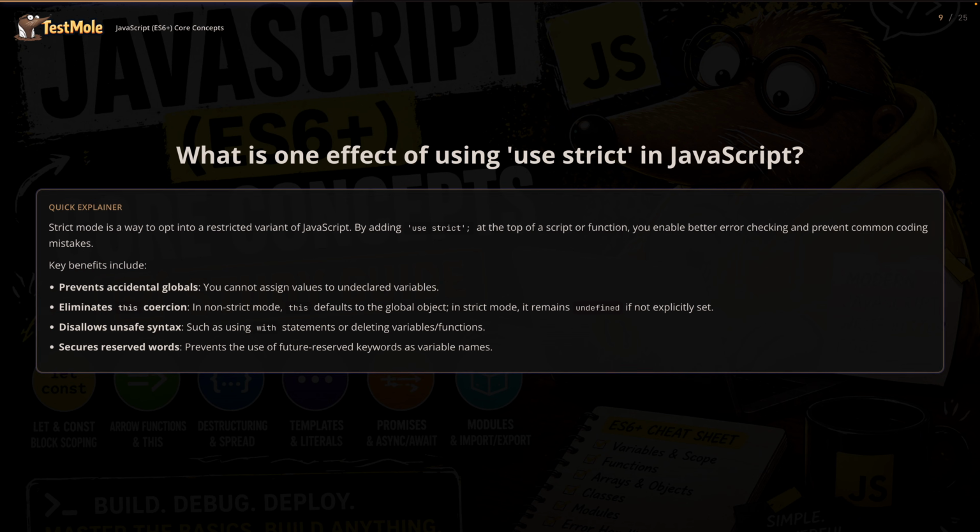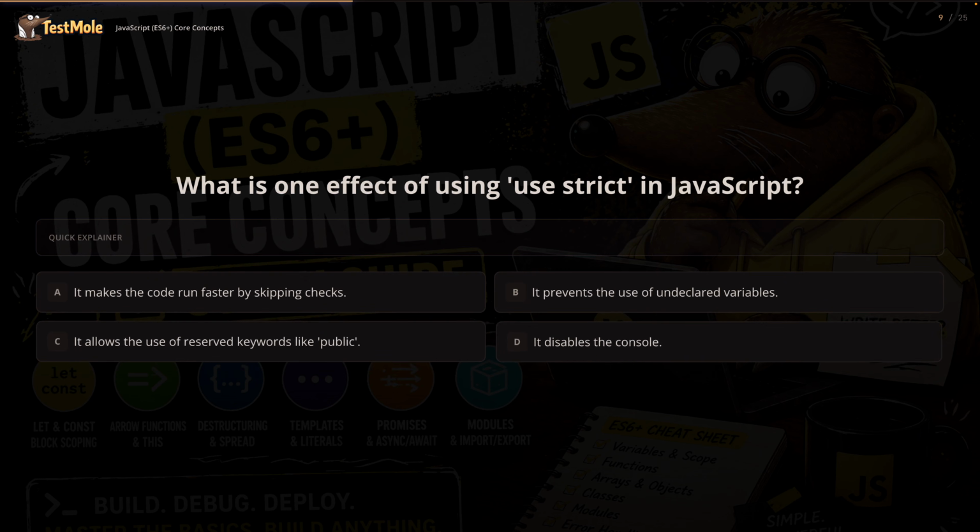Eliminates this coercion. In non-strict mode, this defaults to the global object. In strict mode, it remains undefined if not explicitly set. Disallows unsafe syntax, such as using with statements or deleting variables or functions. Secures reserved words, preventing the use of future reserved keywords as variable names.